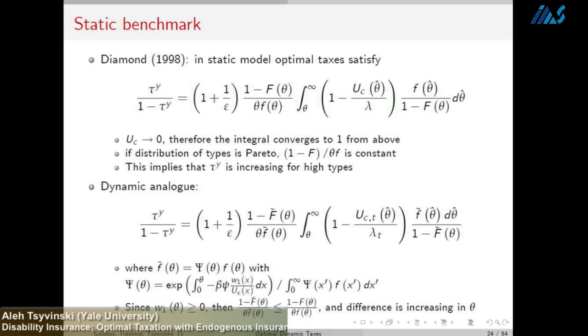One can actually show that in dynamic settings there is a force: the 1 minus F of theta divided by theta f of theta is going to be higher than this modified tail ratio, and the difference is going to be increasing in theta.